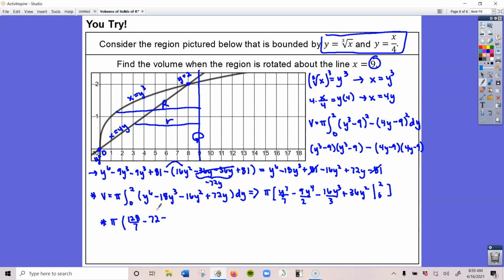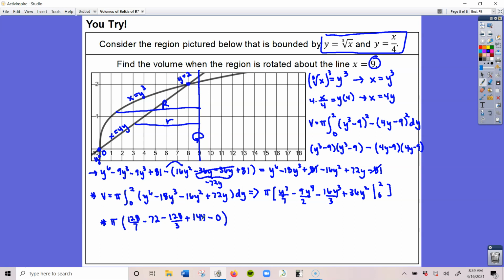Minus 2 to the 3rd is 8, and 8 times 16 is 128, and 128 cannot be divided by 3, so we're going to leave that as 128 over 3. Plus 2 squared is 4, and 4 times 36 is 144. Now minus when I plug in 0. If I plug in 0, I get 0 minus 0 minus 0 minus 0, so 0.